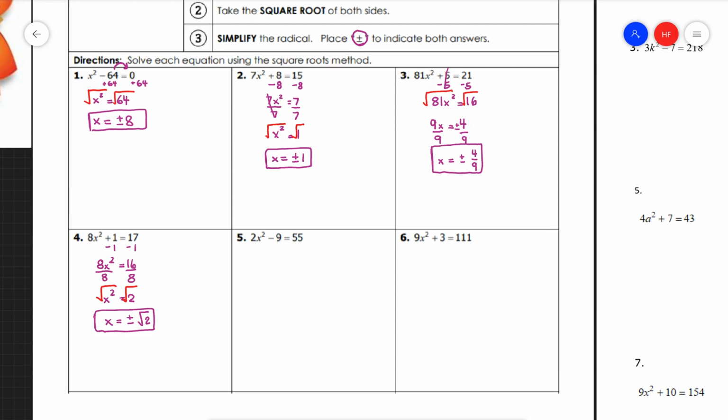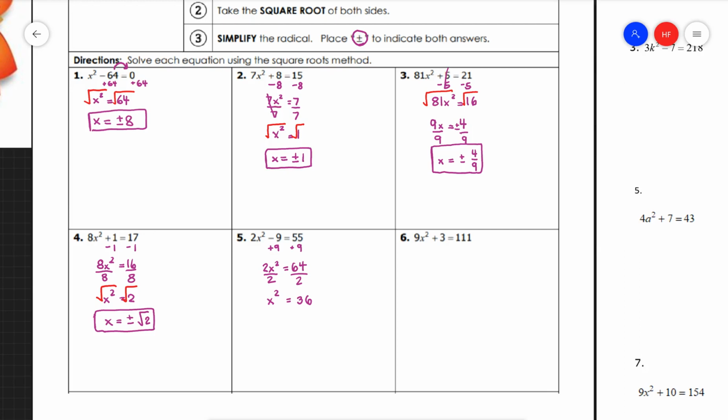So then on 5, we have 2x squared minus 9 equals 55. I'm going to add 9 to both sides. 2x squared equals 64. I have a GCF, so I'll divide both by 2. I get x squared equals 64 divided by 2 is 36.